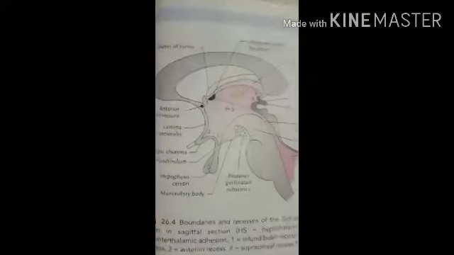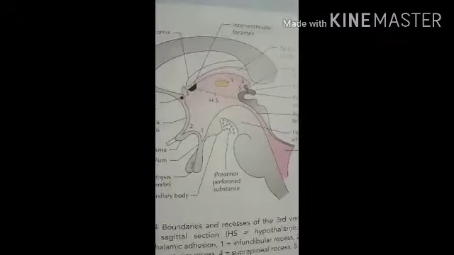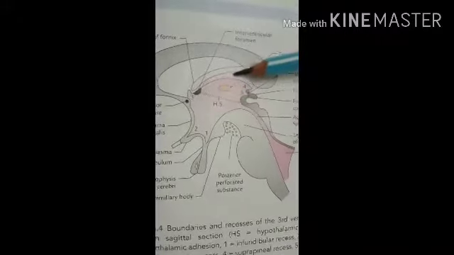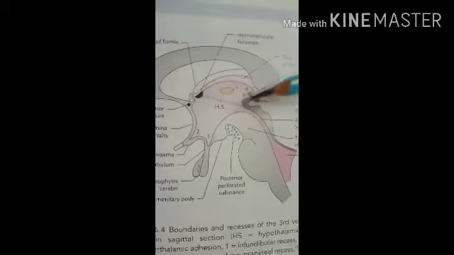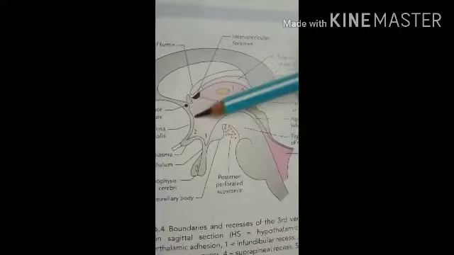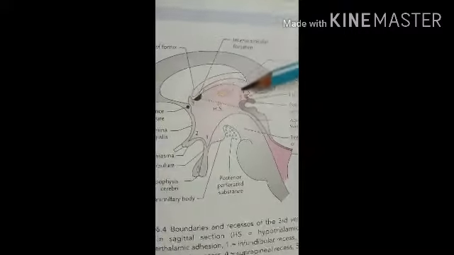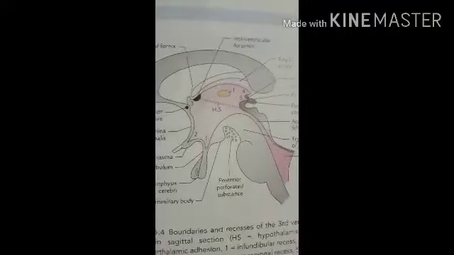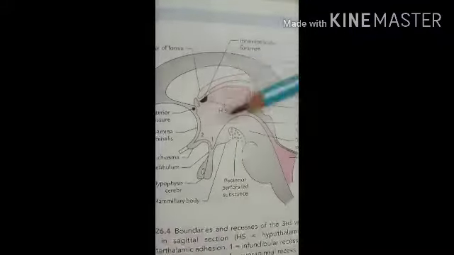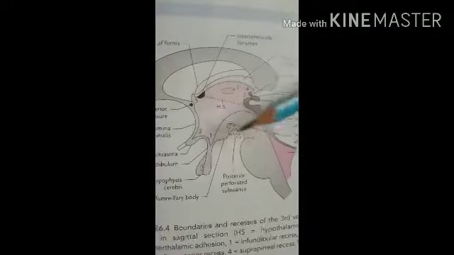Then let's see the recesses of the third ventricle. The cavity of the third ventricle extends into surrounding structures as pocket-like protrusions, and that pocket or depression is called a recess. There are several recesses present in the third ventricle.